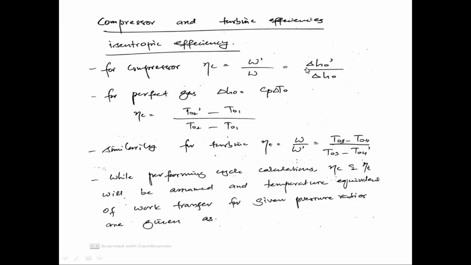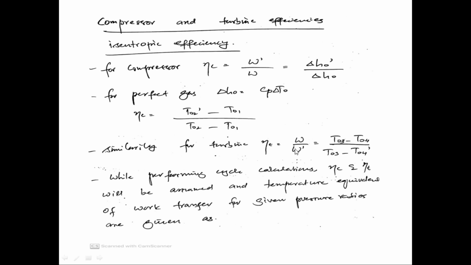Now we can replace the delta H naught in terms of temperature. Cp and Cp get cancelled out. So the compressor efficiency can be written in terms of the stagnation states, that is T02 dash minus T01 divided by T02 minus T01.